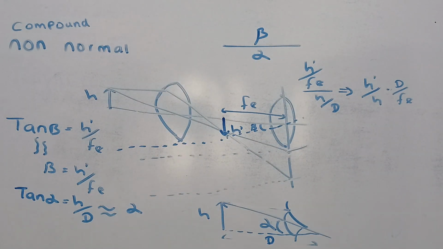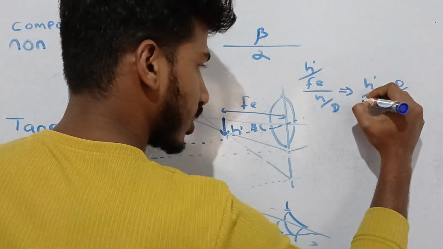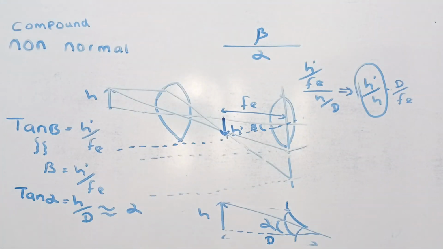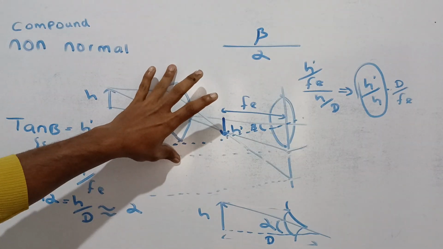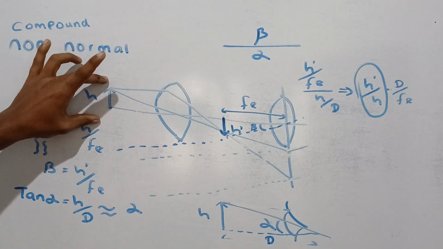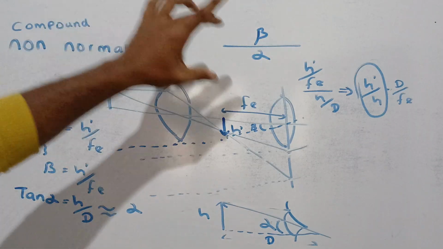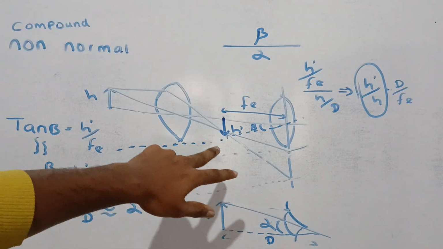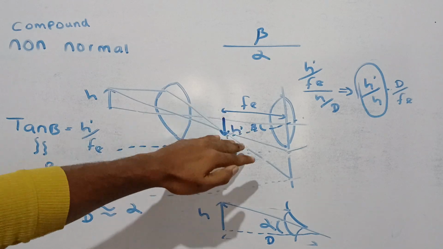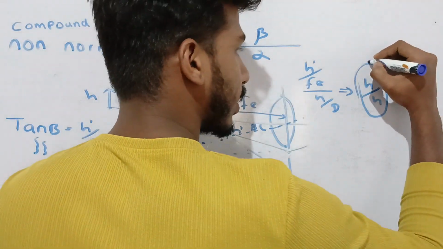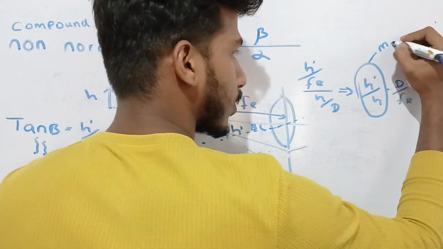So we must understand this h dash over h. When it comes to this lens, you are subjecting an object with a height of h. Because of that, an image was produced. The height of that is h dash. So the ratio between image height and object height is actually the magnification created by the objective lens.